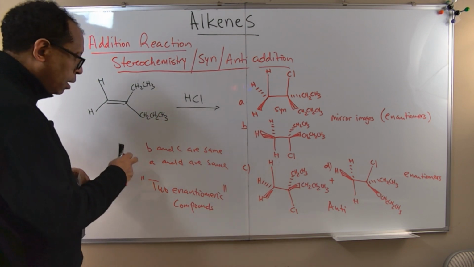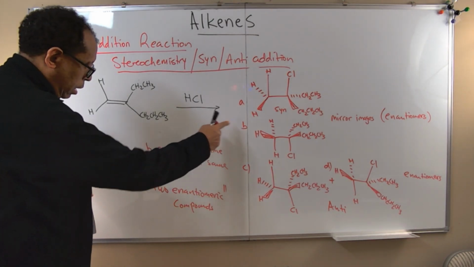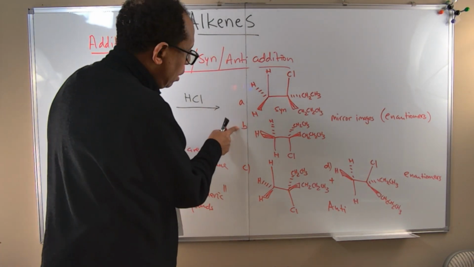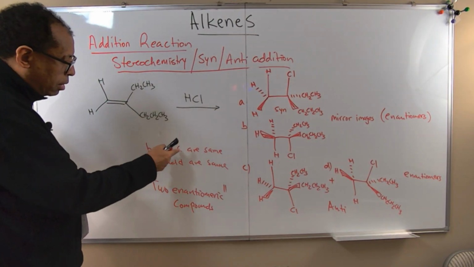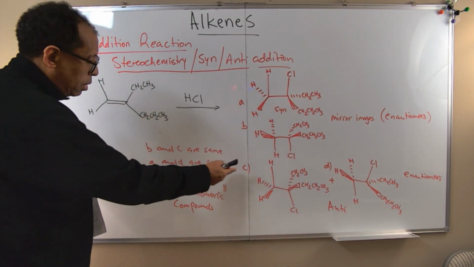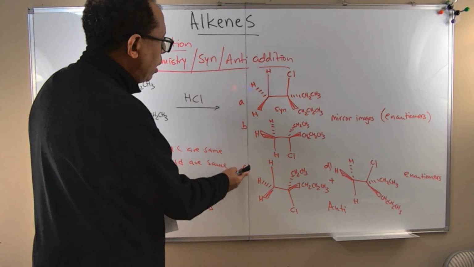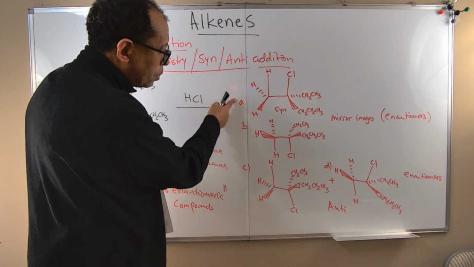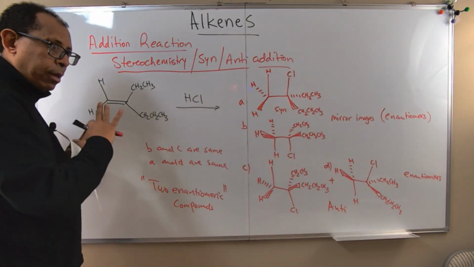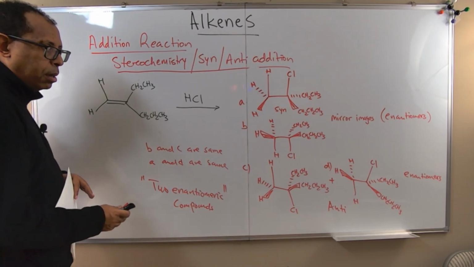For example, if you take B and A, B and A are mirror images. Or if you take C and A, C and A are also mirror images. Therefore, the net number of compounds is 2 enantiomeric compounds.